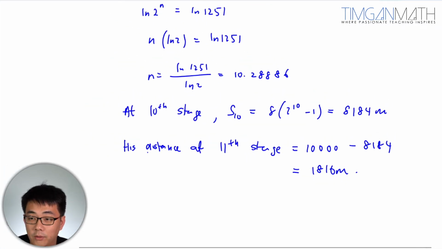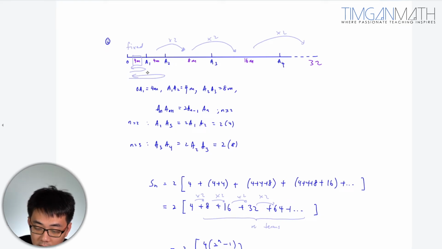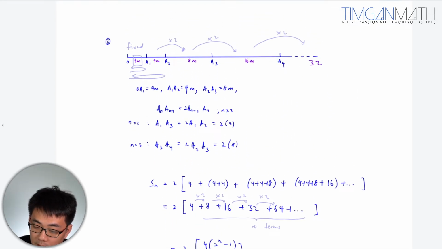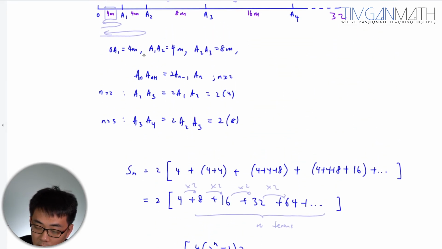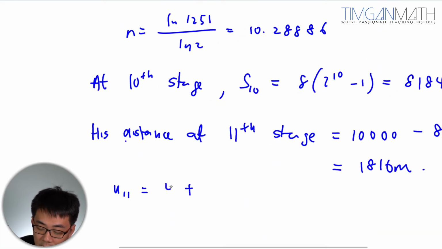Now what we could do is find out the midpoint of U11. U11, at the 11th stage, we know it starts at 4 times 2, so it's just 4. The 11th stage means there are 10 stages before it. Remember the GP starts behind, right?